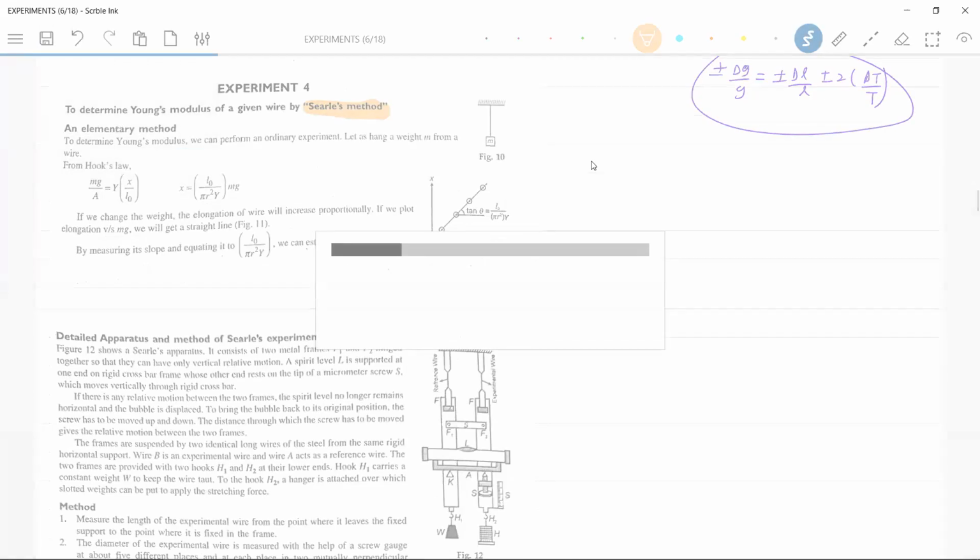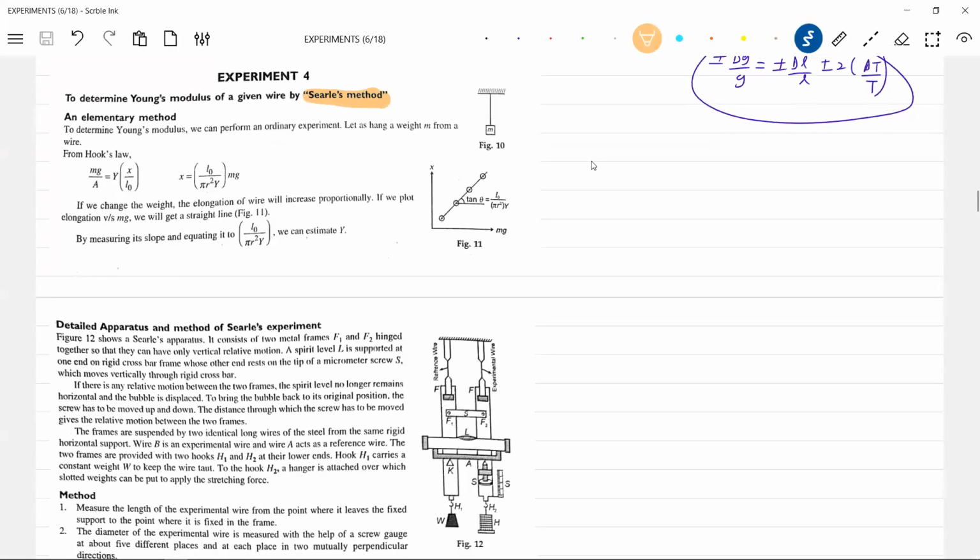Okay, now I have two experiments. What we have: one, I'll take the string whose Young's modulus has to be determined.